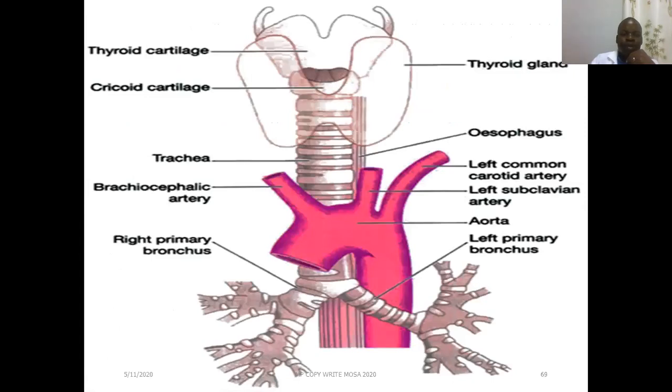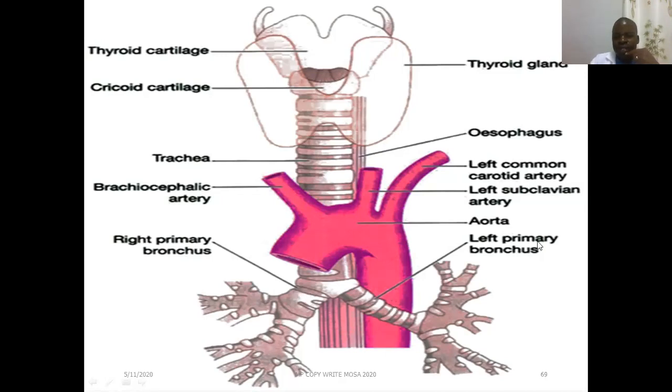So you can see the thyroid cartilage, cricoid cartilage, the esophagus, which is behind there, the trachea, and the brachiocephalic artery. We have the right primary bronchus, you can see it there dividing itself.